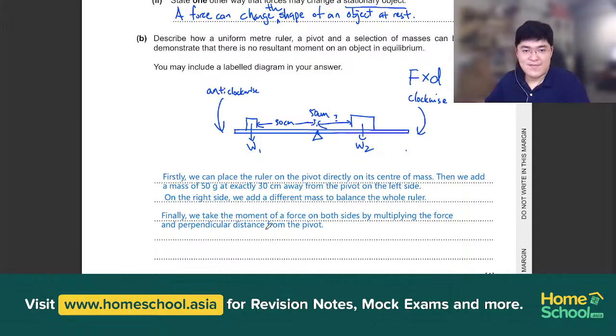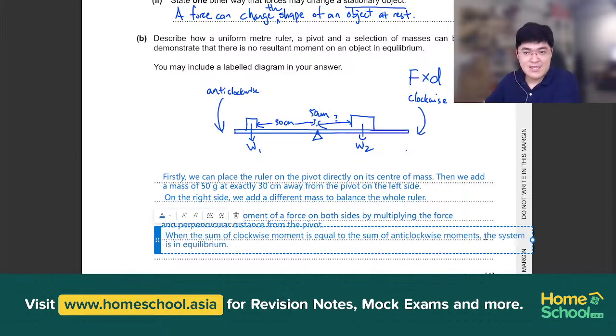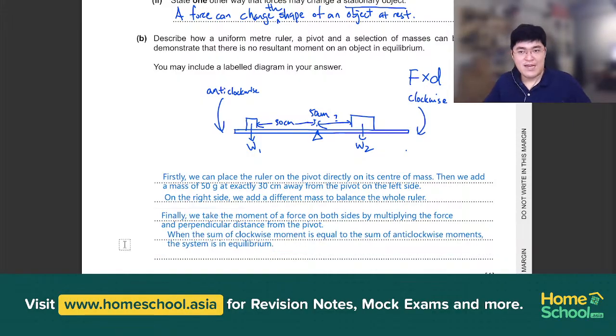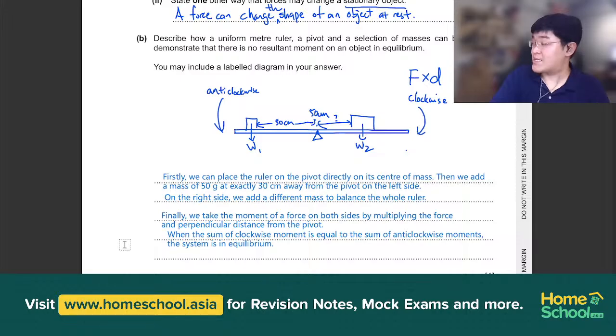So we find the force, the weight actually, multiplying the weight and perpendicular distance from the pivot, which is our third part. And finally, we need to make sure that the sum of clockwise moments is equal to the sum of anti-clockwise moments. The whole system is then in equilibrium.